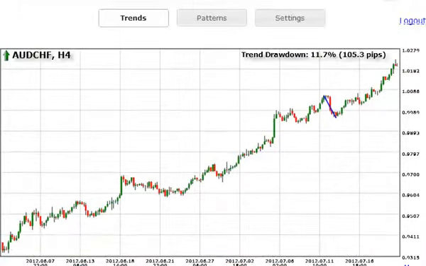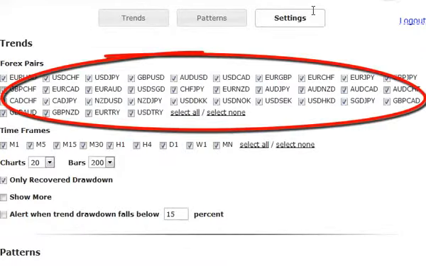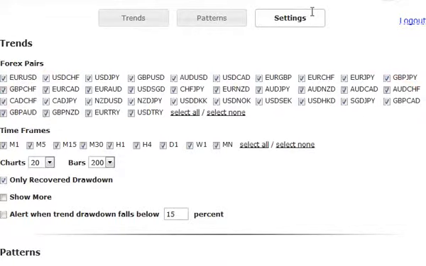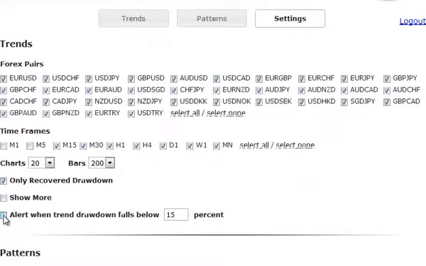So let's go back into Settings, and here you can select only particular currency pairs or deselect pairs you do not want to trade, or that are not in your trading platform. You can also deselect time frames, for example, the lowest time frames. You can set up alerts when the trend drawdown falls below, let's say, 15%.